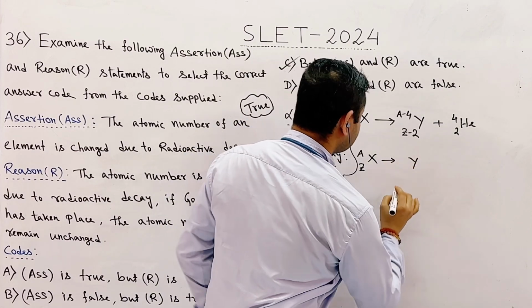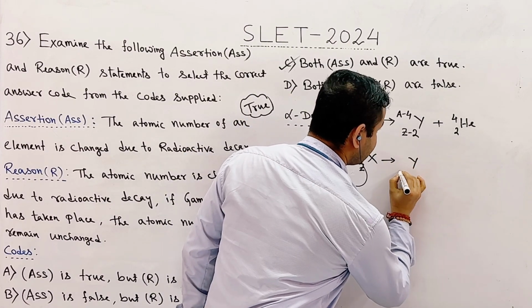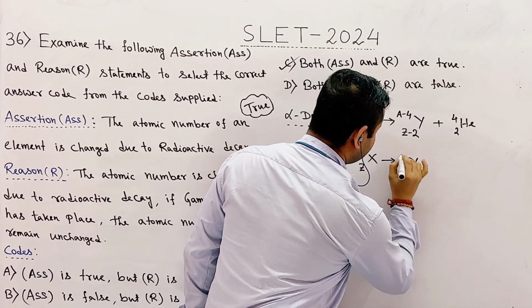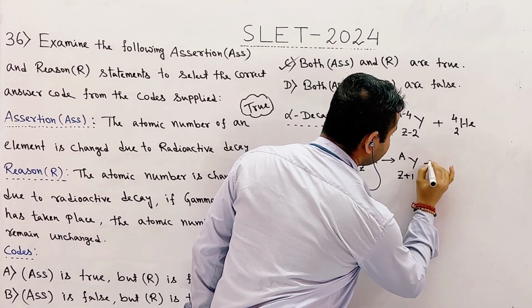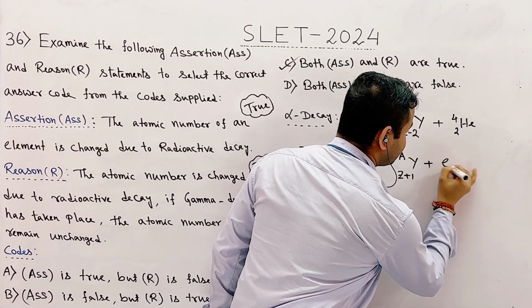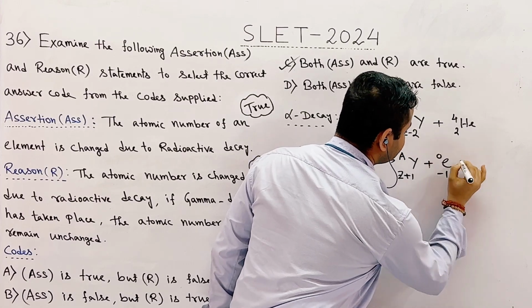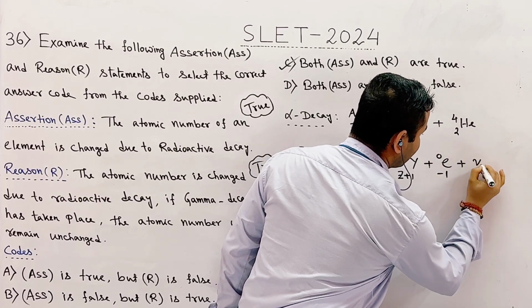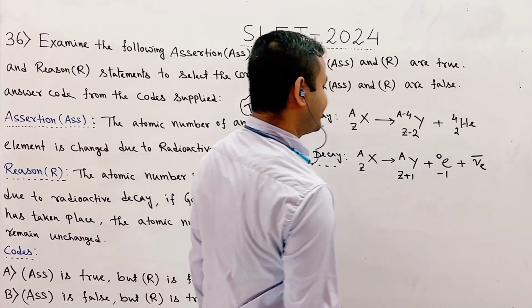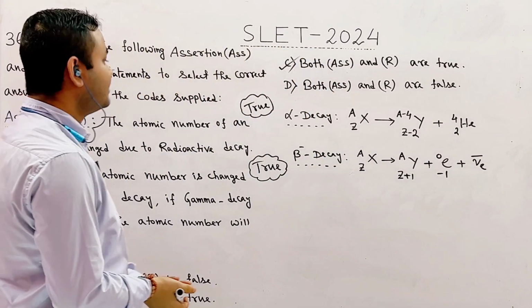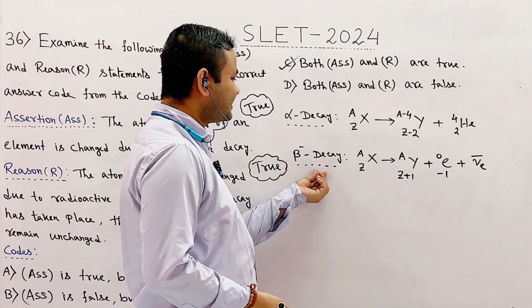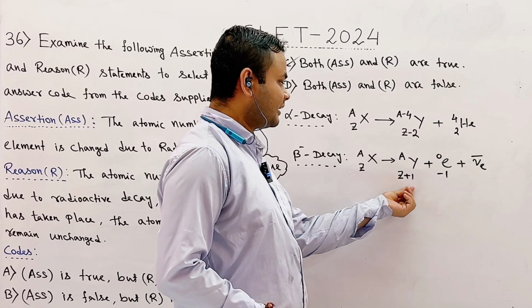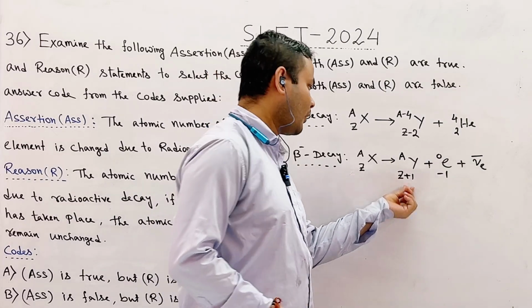The daughter nucleus becomes Y with Z plus 1, A, plus electron, plus electron antineutrino. So, here we have seen that during beta minus decay, the atomic number is increased by 1.